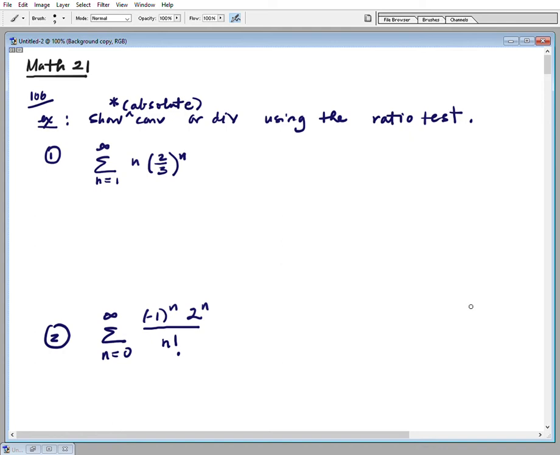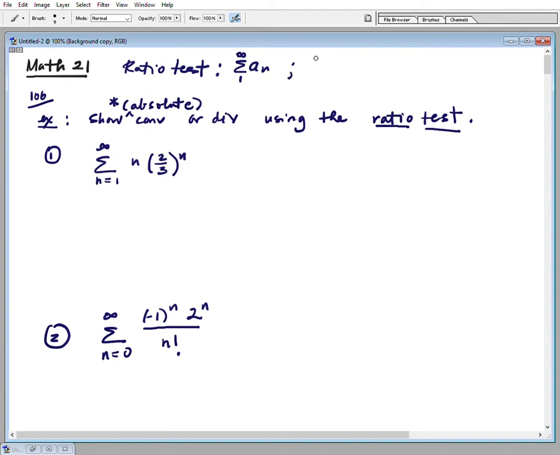Okay, so in chapter 106, we were looking at a test called the ratio test. If the ratio test is satisfied, then we have absolute convergence. Let me just remind you what the ratio test looks like. We want to know if this series converges.